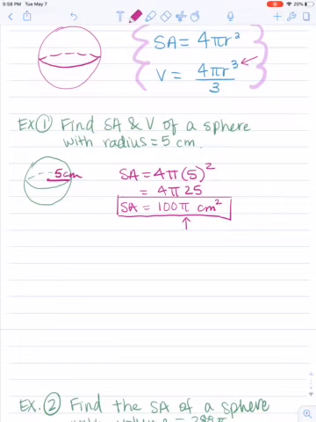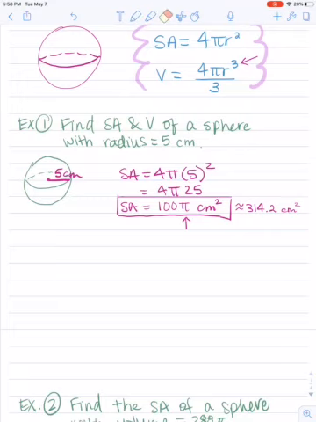So that'd be pi times 100, which would be approximately 314.16, I'll just round it to 2. So it just depends on how the question's worded. So that is surface area there. Cool. Okay, and don't forget the pi, or else your answer is wrong. Right, Copper? He says right.